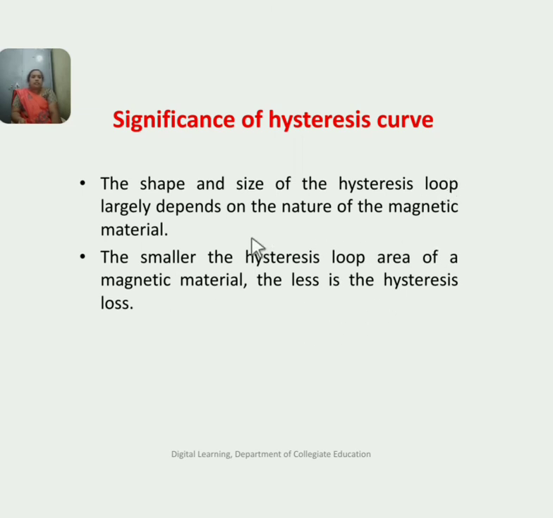The smaller the hysteresis loop area of a magnetic material, the less is the hysteresis loss. So here, hysteresis energy loss depends upon the area enclosed in the hysteresis loop.